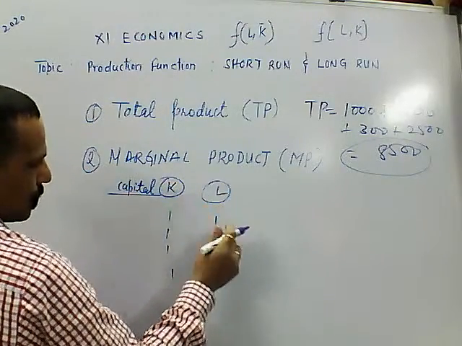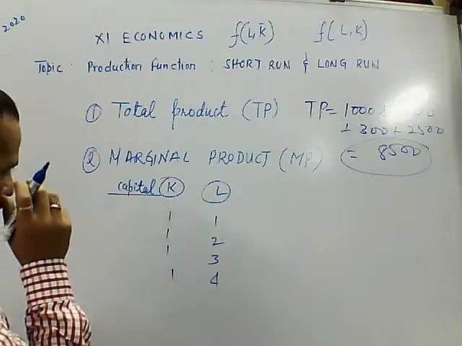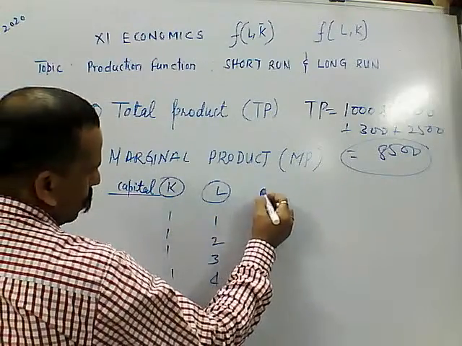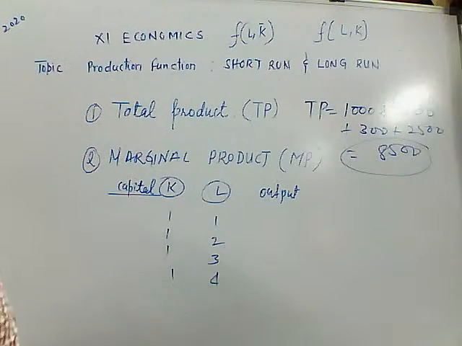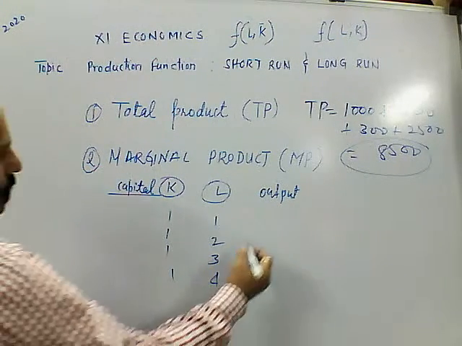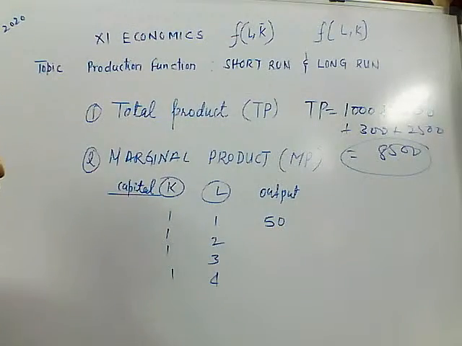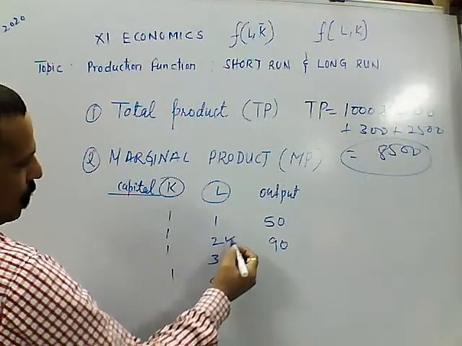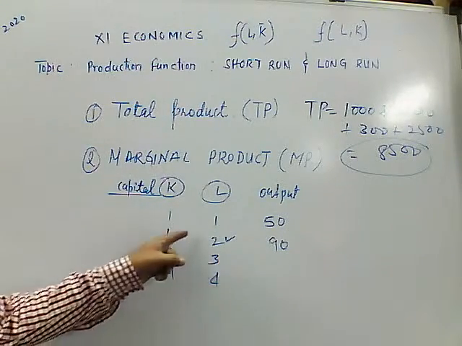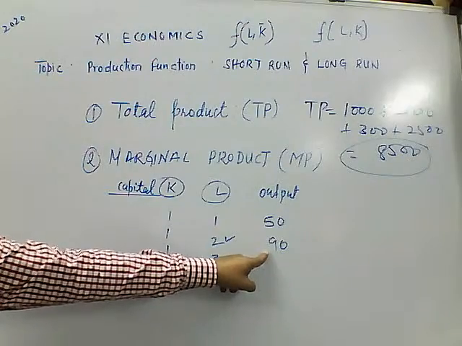With the help of labor we were able to produce output. For example, they produced 50 units of ice cream when there was only one person and one machine. When we recruited a second laborer, both of them were able to produce 90 units.